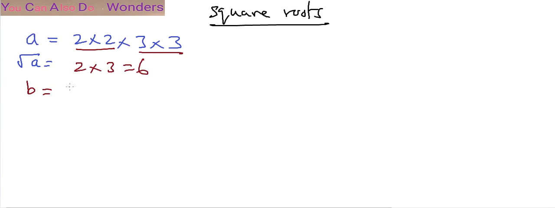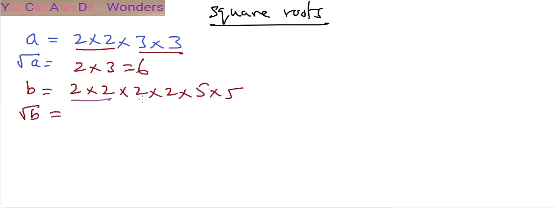When prime factorized, suppose we get 2 into 2 into 2 into 2 into 5 into 5. And then the square root of b will be, okay, same way, every two numbers will get one factor in the result. So 2 into 2 into 5, so 20.